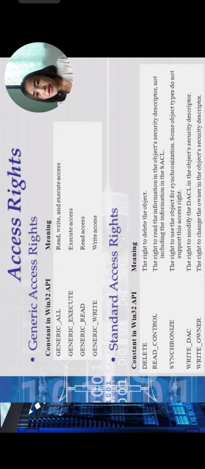Third, we have generic read, wherein you can only read the file, and you cannot do anything about it. An example of this are files in PDF mode, where you cannot alter anything because the administrator has set the access right to generic read mode only.